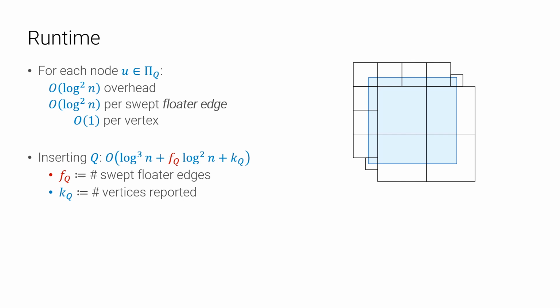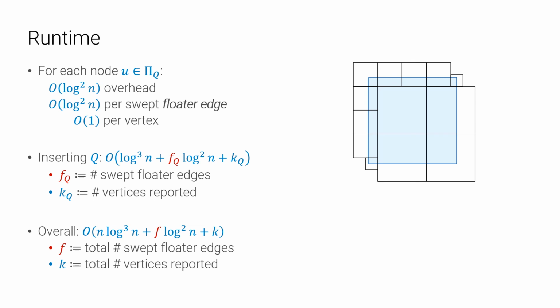So summing up over the log n cells of pi q, we get an overhead of log cubed n plus fq times log square n, where fq is the number of floater edges swept over in total during the insertion of q, plus kq, where that's the total number of vertices reported as we insert q.